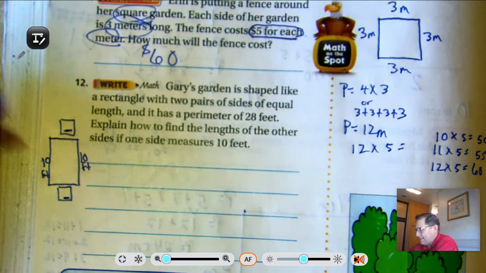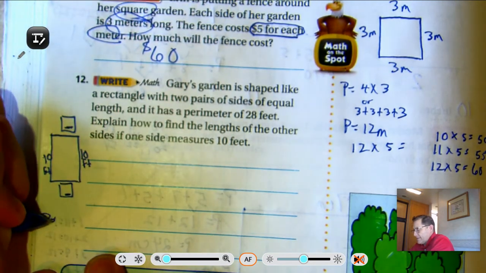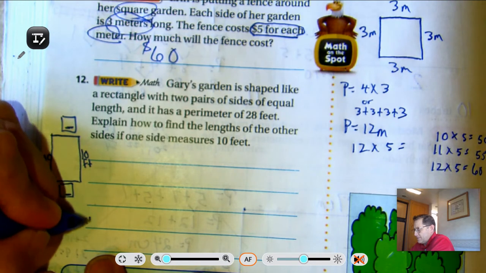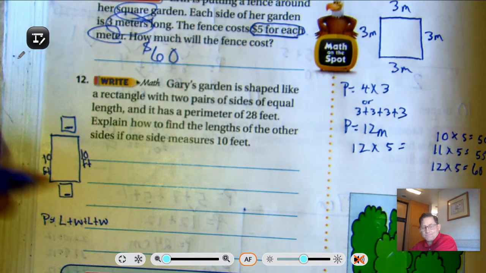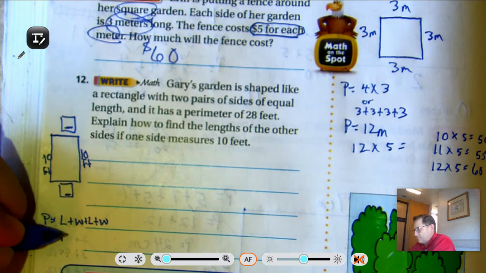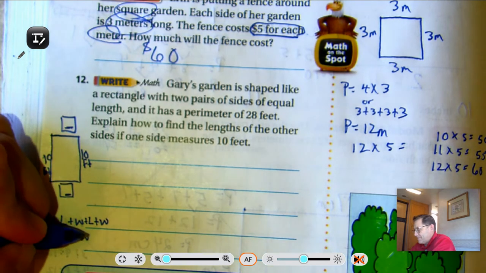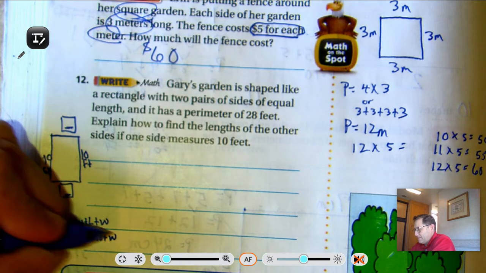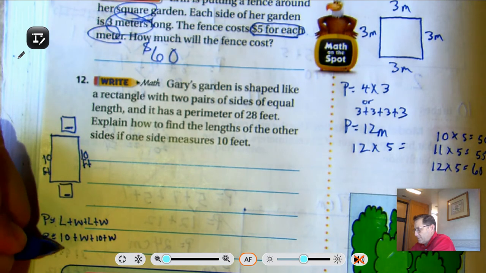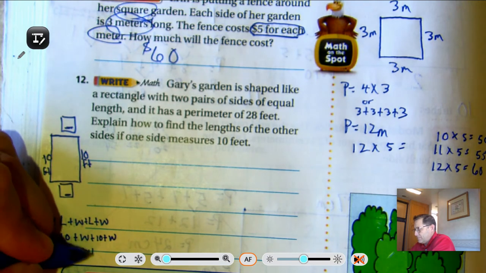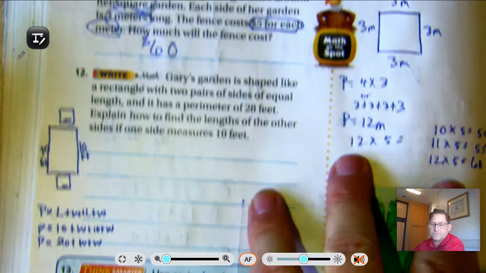I do know that perimeter equals length plus width plus length plus width, right? So I know that I have one side of 10 and another side of 10. So I know that my perimeter is 20 plus the two unknown sides, right?